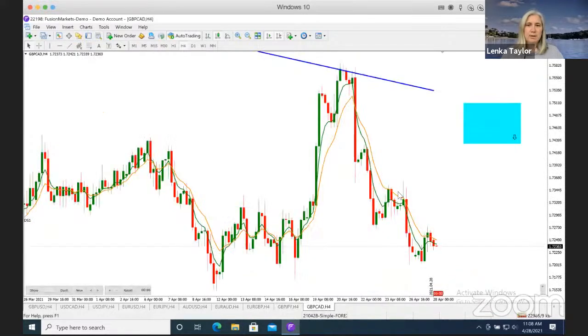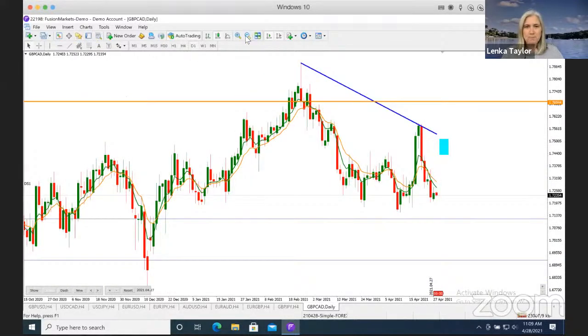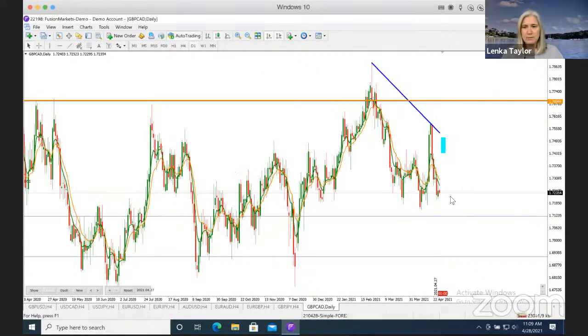The next currency pair, this is the last one I'm looking at, is GBP CAD. On GBP CAD, I'm looking for a short, possibly to these levels or even further. So on the hourly, I'm still looking for a short.